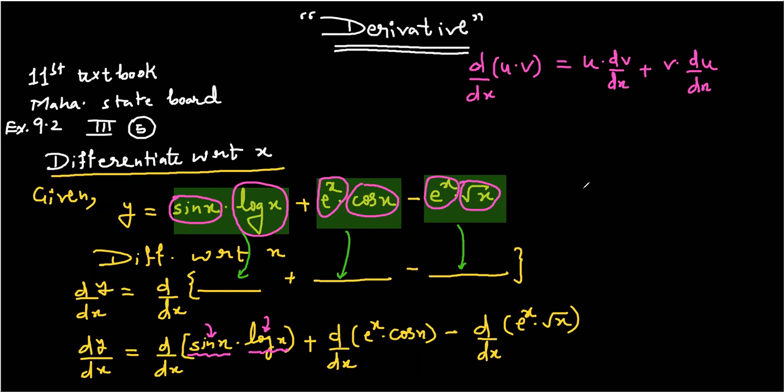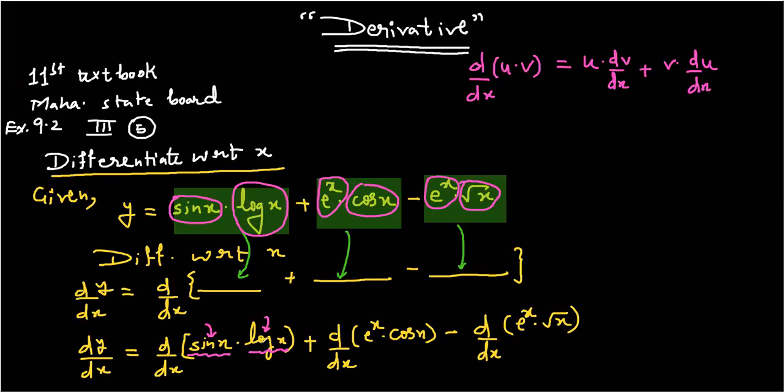Now you go for the next step. On the next line, you will write d by dx of y equals to, what was the first term? It was sin x multiplied to log x.